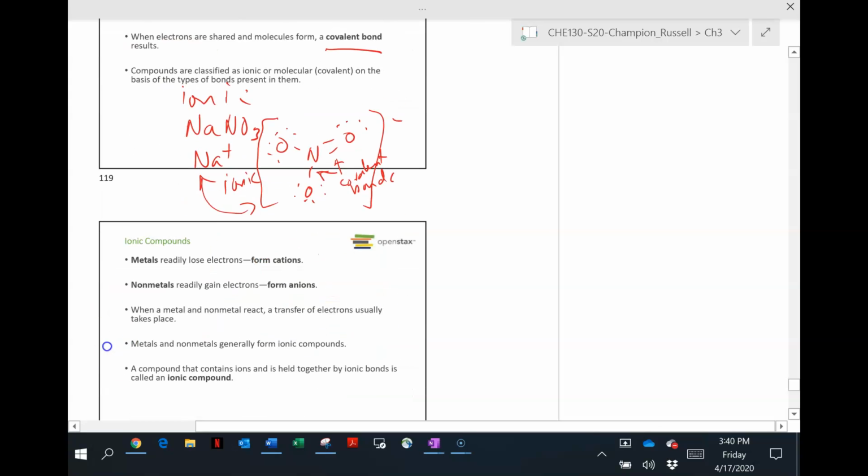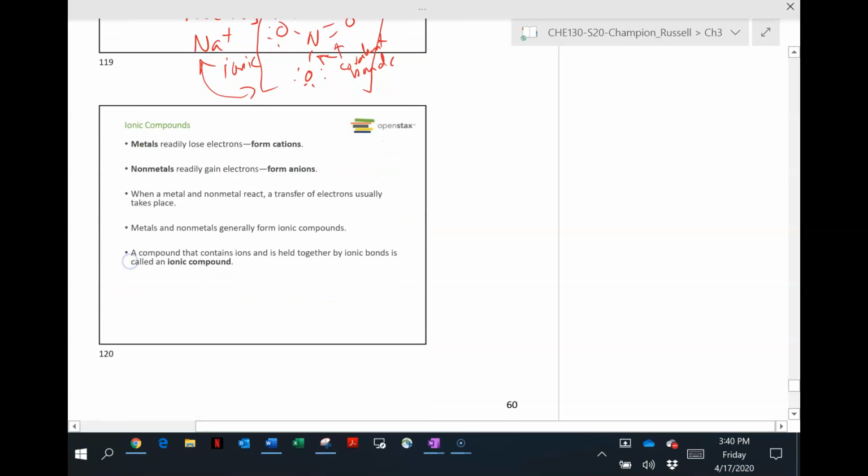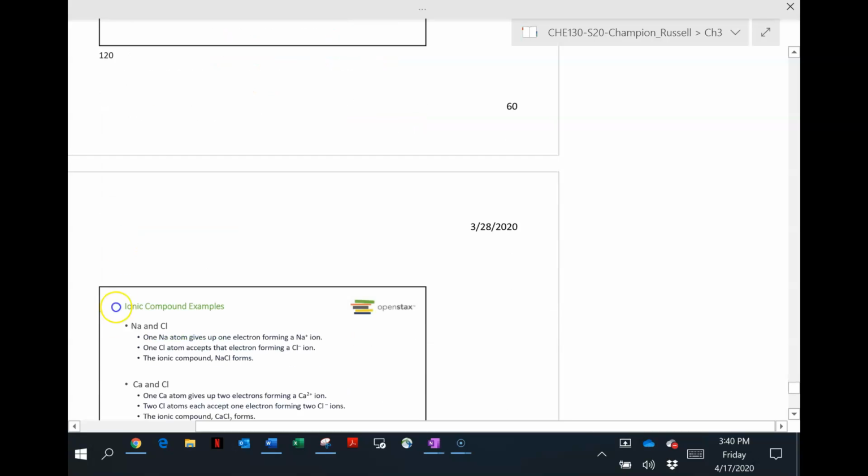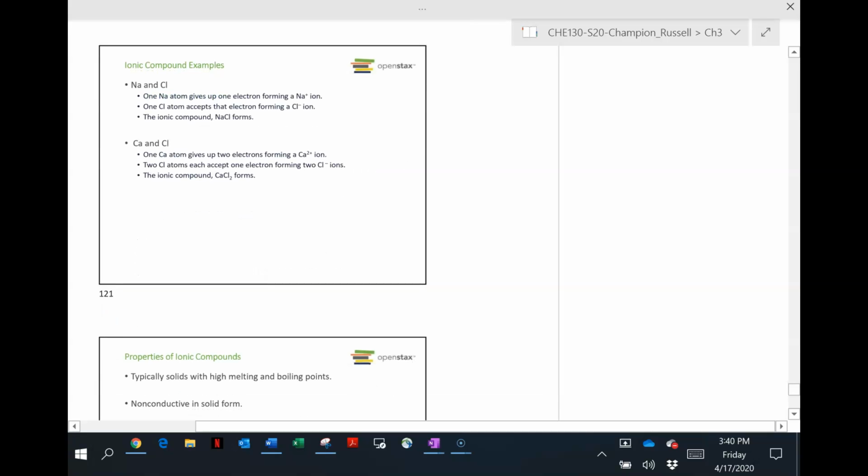Ionic compounds and covalent compounds immediately have some quite different properties. We've talked about that. One thing you can do easily from the periodic table is figure out what kind of charges you're going to have and what kind of ratio you're going to have between the charges.